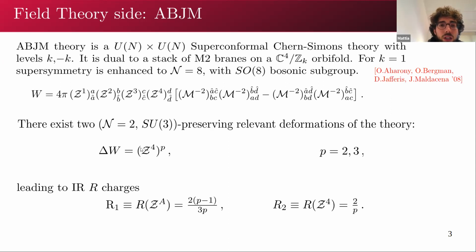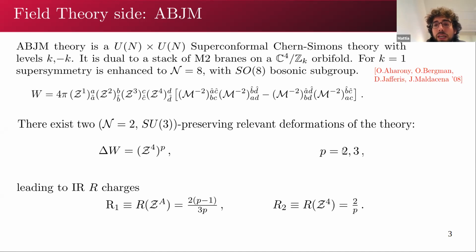The deformation is N=2 preserving because we chose a chiral superfield, and it is SU(3) preserving because the rest of the three chiral superfields can be rotated into each other, therefore preserving the form of the superpotential.